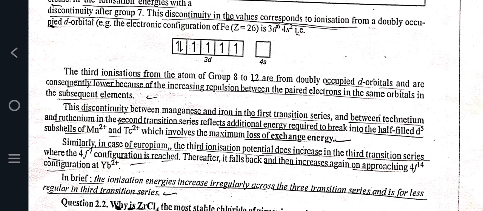Similarly, in the case of europium, the third ionization potential does increase in the third transition series where the 4f7 configuration is reached. Thereafter it falls back and then increases again on approaching the 4f14 configuration at Yb2+.